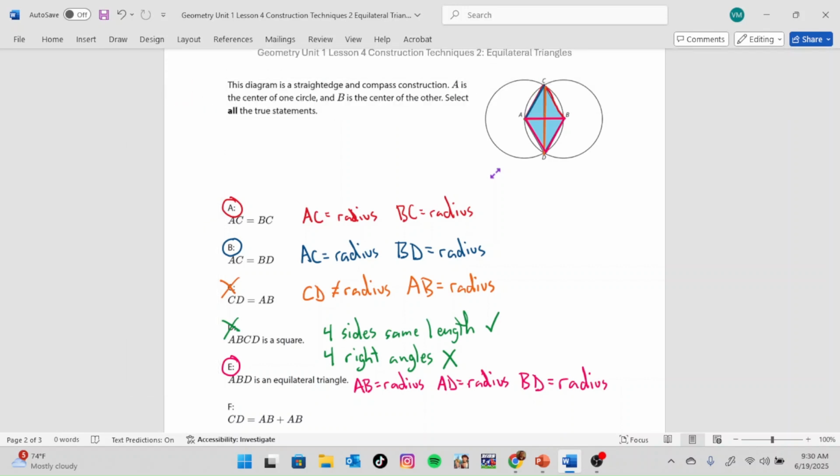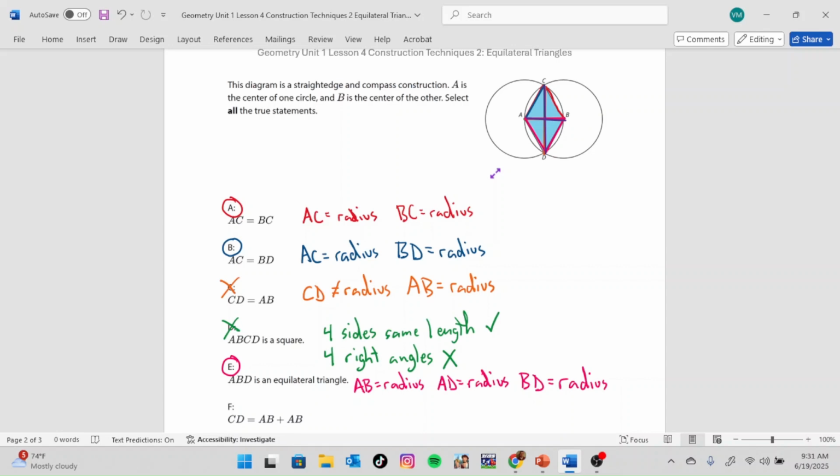And our last choice, choice F. CD, which is that line going vertically right down the middle, equals AB, which is the line going horizontally across, plus itself.